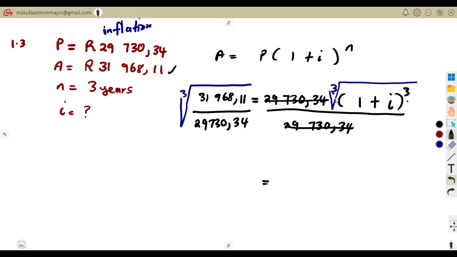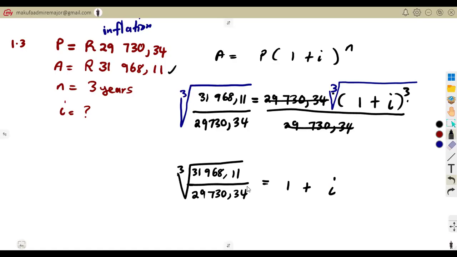So you're remaining with 1 plus I, which is equal to the cube root of 31,968.11 everything over 29,730.34. This is what you're going to have.